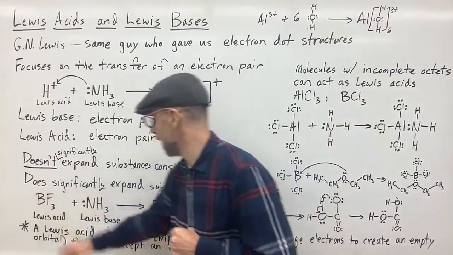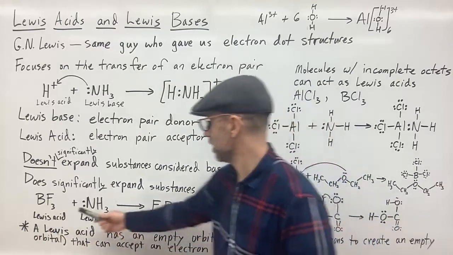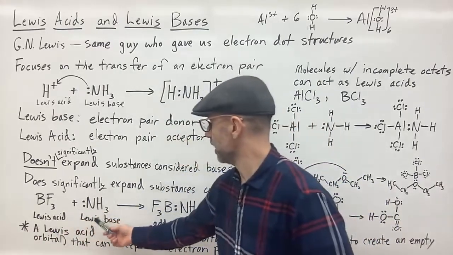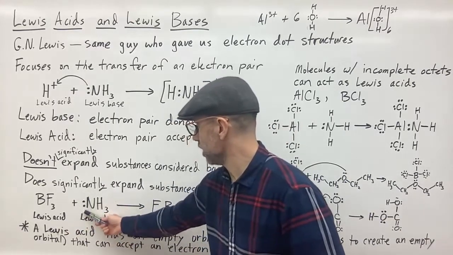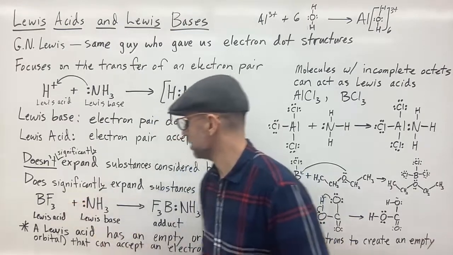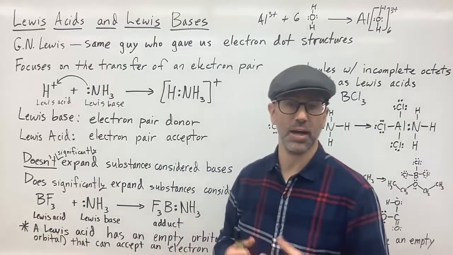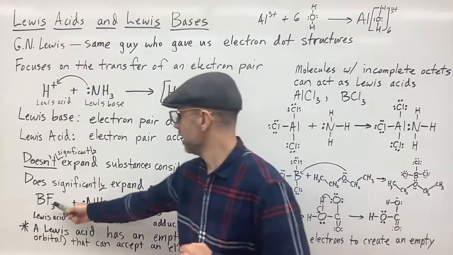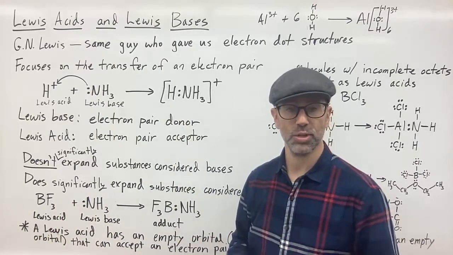BF3 is now considered an acid by the Lewis definition because it is going to accept the electron pair from NH3. Why can BF3 accept the electron pair? It's because it has an empty orbital that can accept those two electrons.